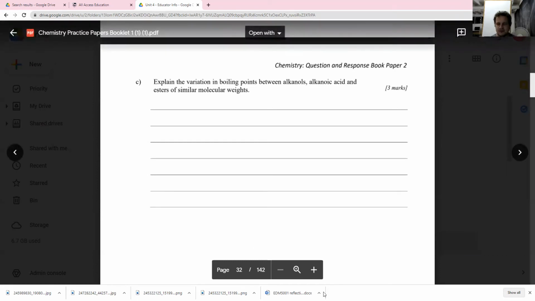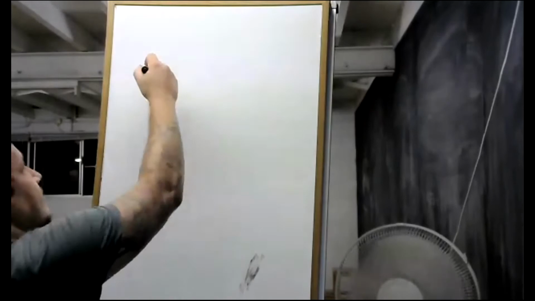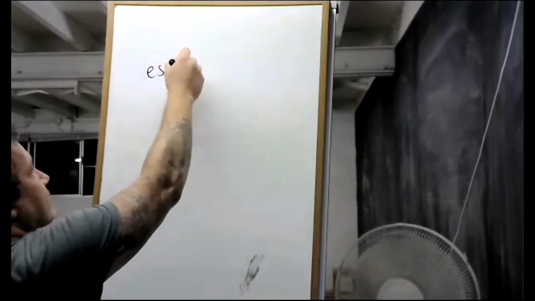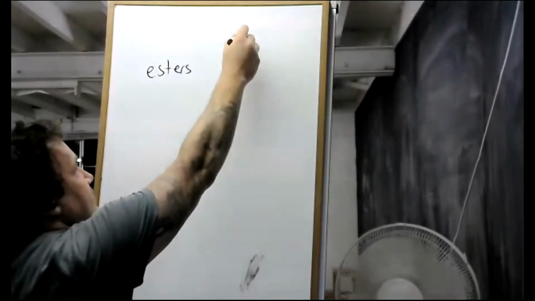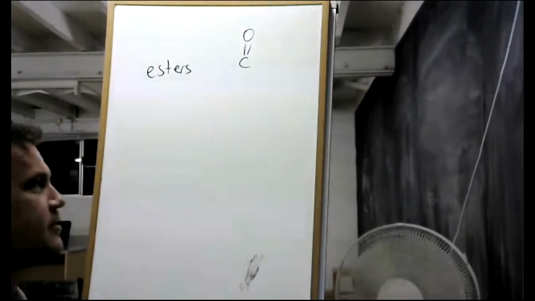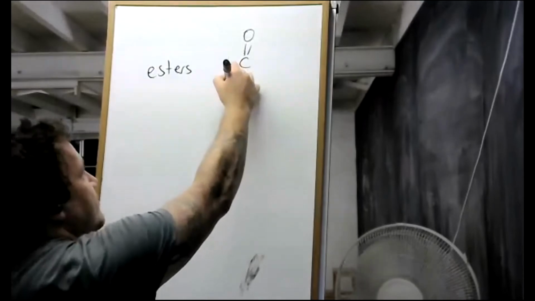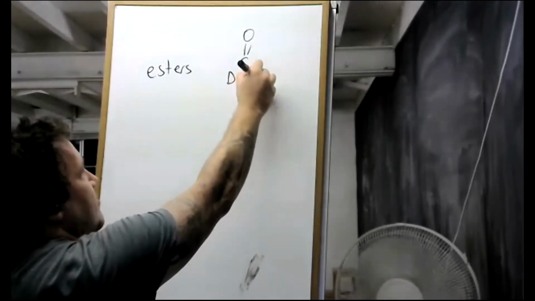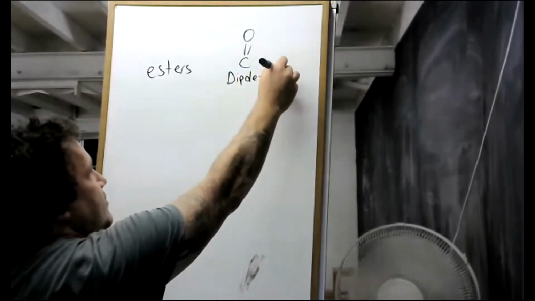So I'm going to do a little bit of drawing on the whiteboard just to explain this. So esters, we've got a carbon to oxygen double bond. So it has dipole forces.